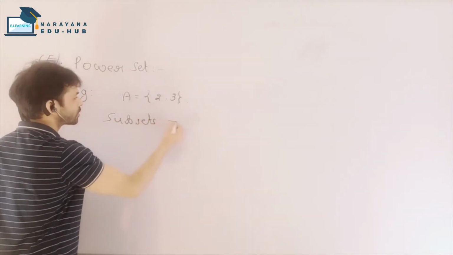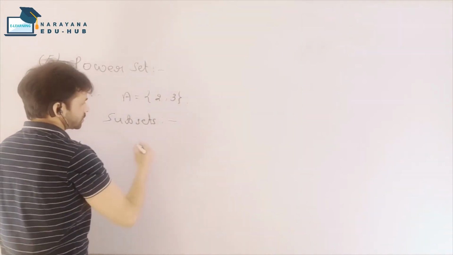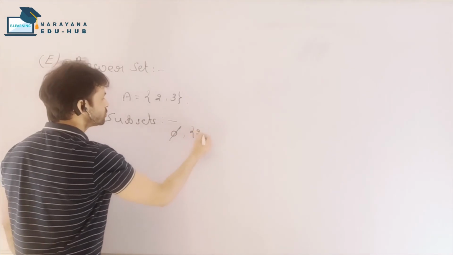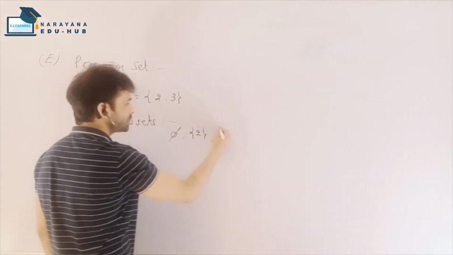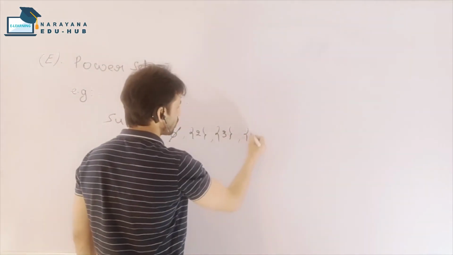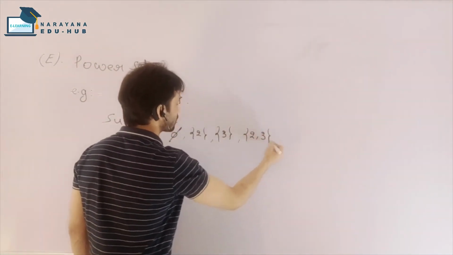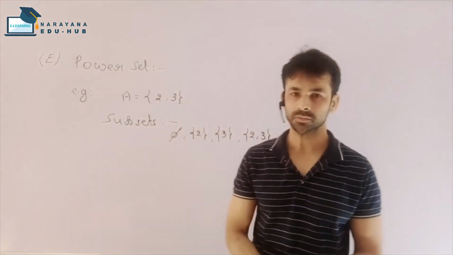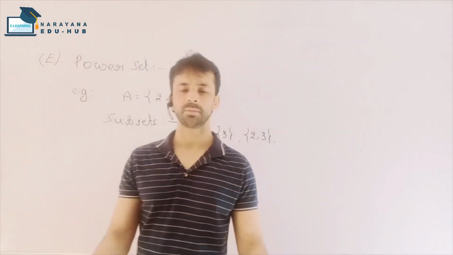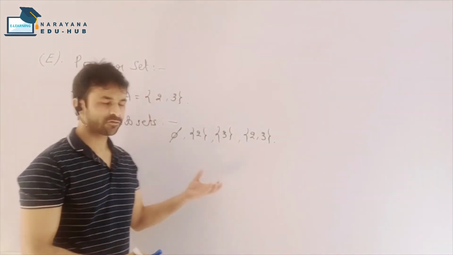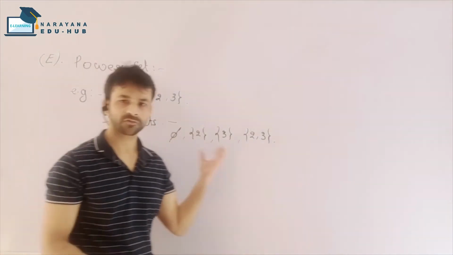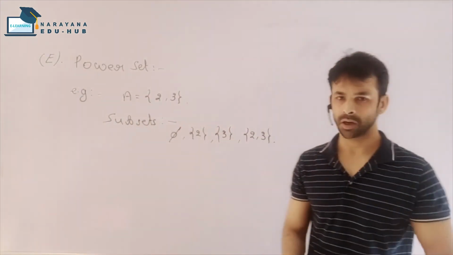Subsets are phi, set of 2, set of 3, and set of 2, 3. These are the subsets. So power set is simply nothing but set of these subsets.